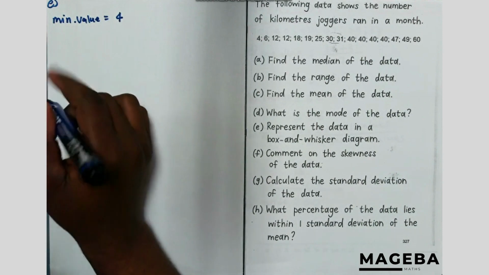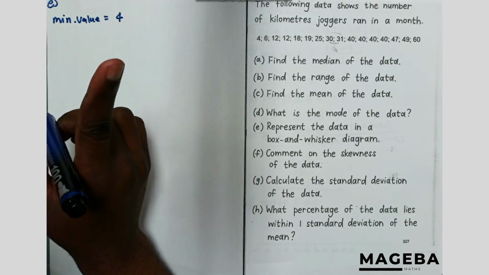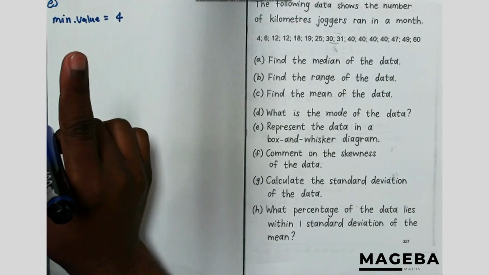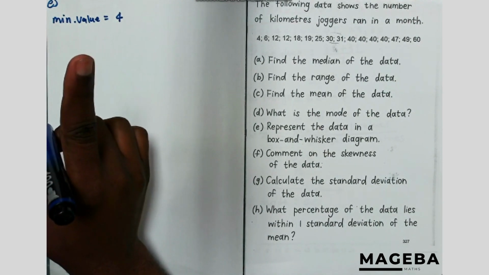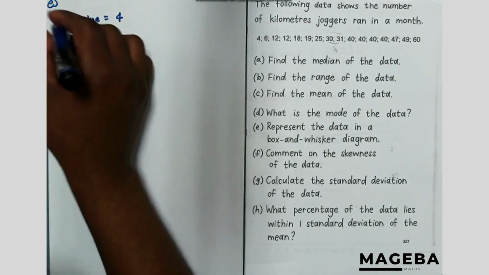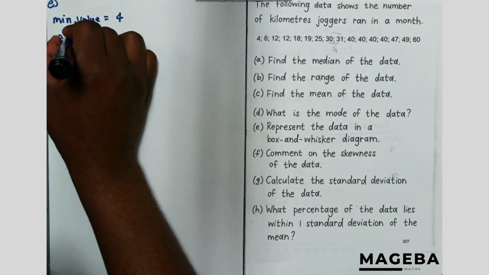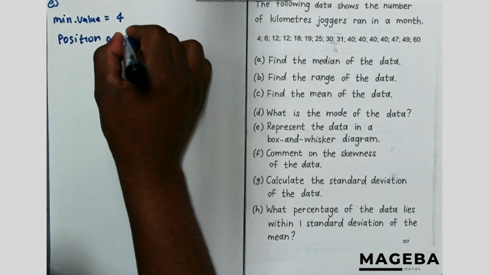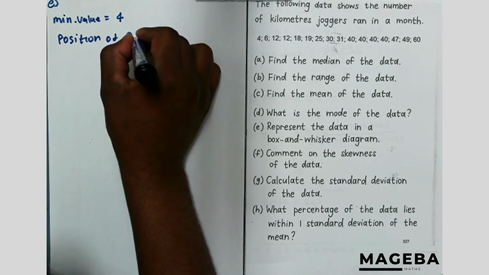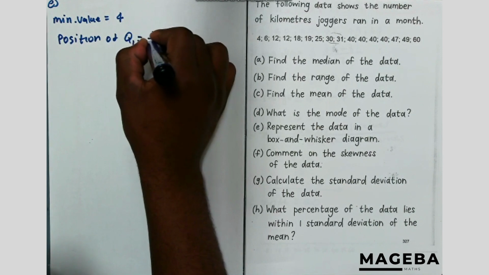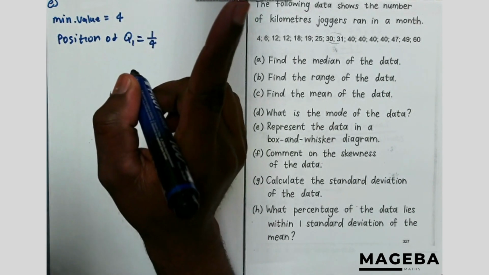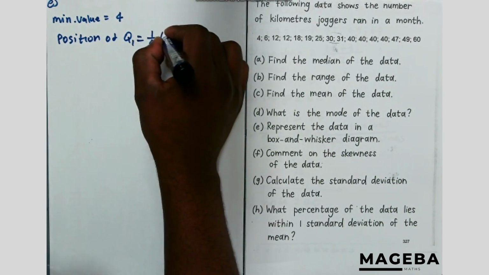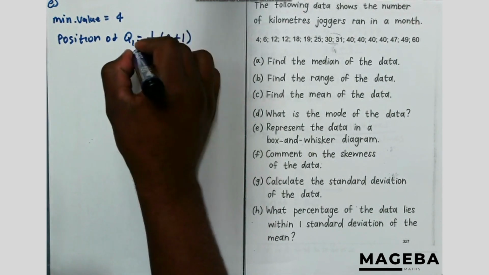Following the minimum value, we need to find Q1. There's a video that I made on how to find Q1. The position of Q1 is 1 over 4, and for ungrouped data, it's n plus 1.